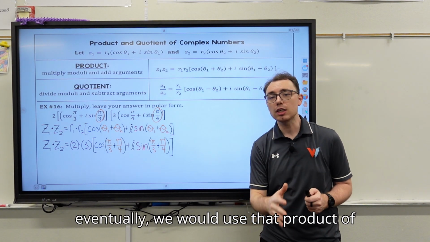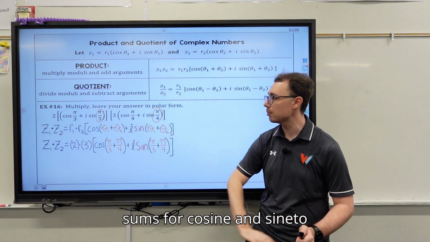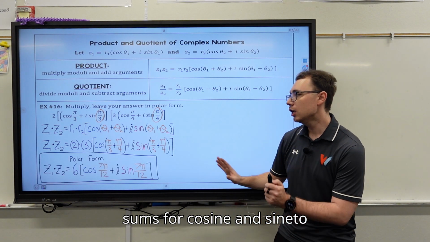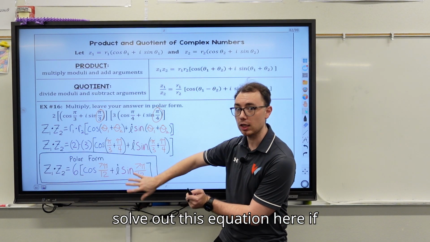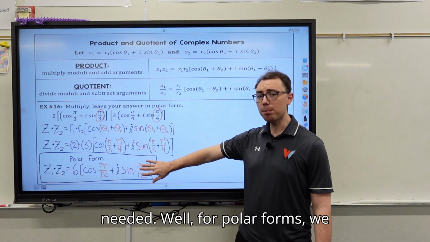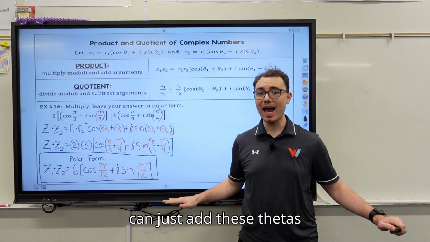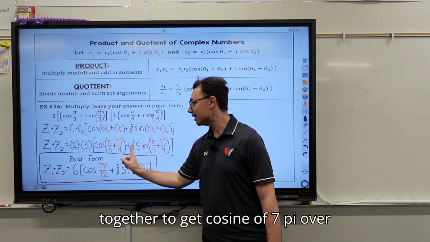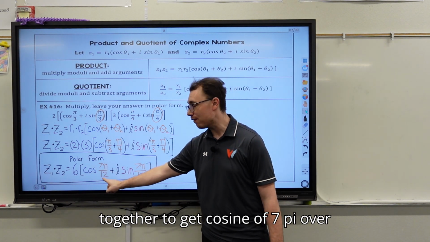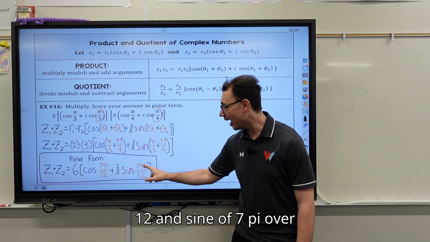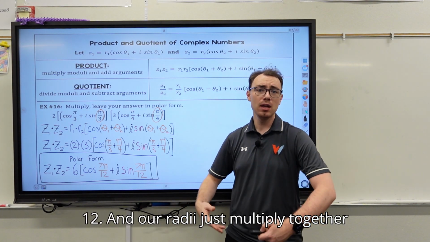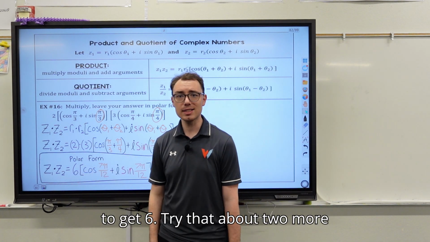And then eventually we would use that product of sums for cosine and sine to solve out this equation if needed. But for polar forms, we can just add these thetas together to get cosine of 7 pi over 12 and sine of 7 pi over 12. And our radii just multiply together to get 6.